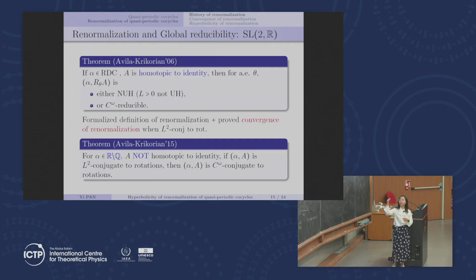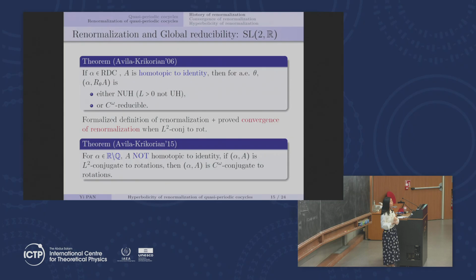And then, depending on the homotopy class, when it is homotopic to identity, because of the L2 conjugacy to rotation, in fact the limit in SO(2,R), because of the low-dimensional speciality of such a group, as long as it is homotopic to identity, must be a constant. So renormalization converges and brings it to the neighborhood of a constant cocycle.